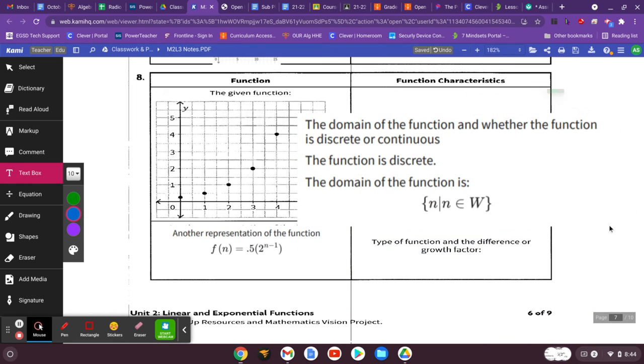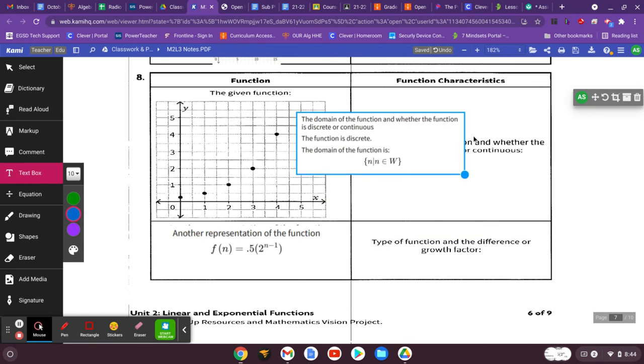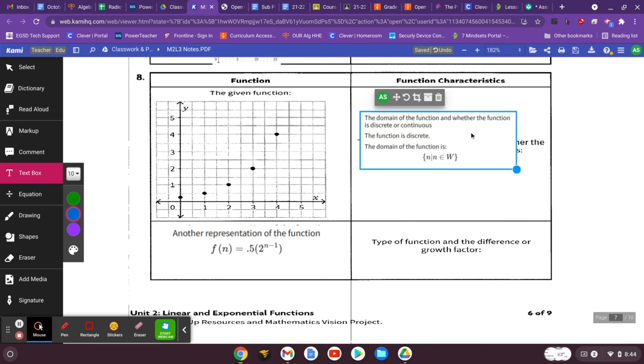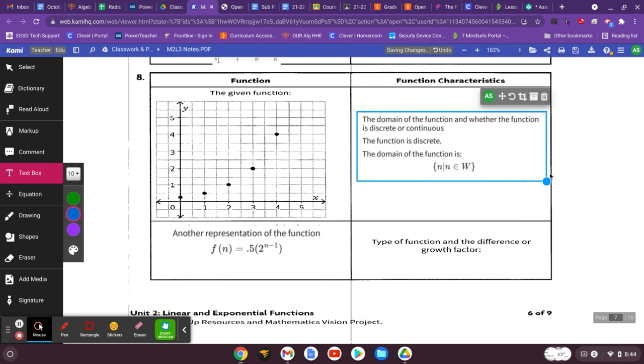So we are going to have that in there. We won't really use W much at all. I probably would have listed all the different numbers at this point, or at least just what's on the graph, or we'd have to say real numbers just because it could be partials. So I don't know as if I would agree with the W piece, but that's what they did for it.